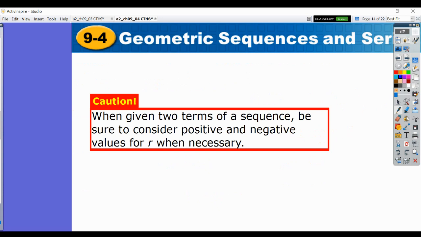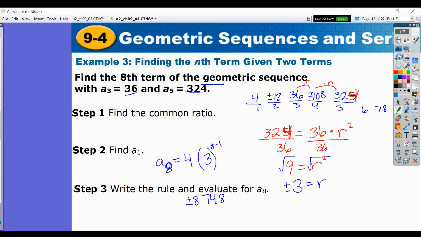It could be positive or negative. One other comment is that this is not always squared. It depends on how many r's you have. If I had 5 steps away, this would be r to the 5th, and then I would have to take the 5th root of this number. So just keep in mind that this exponent's not always a 2. It just happened to be on this problem because these were 2 steps apart.